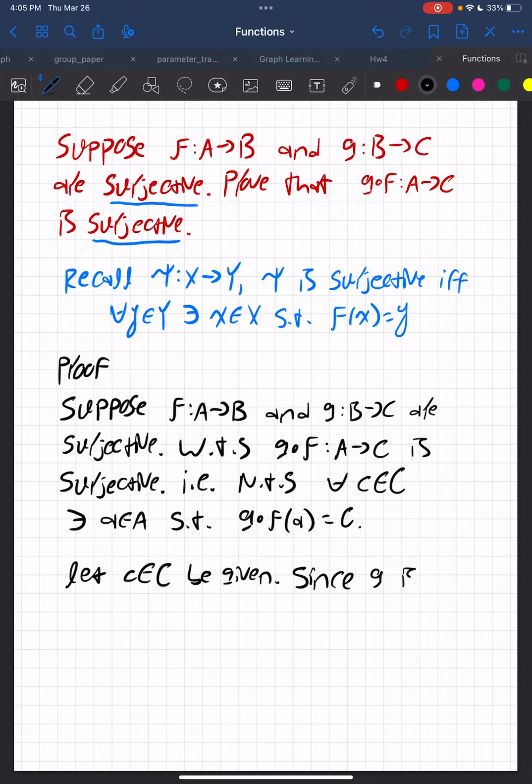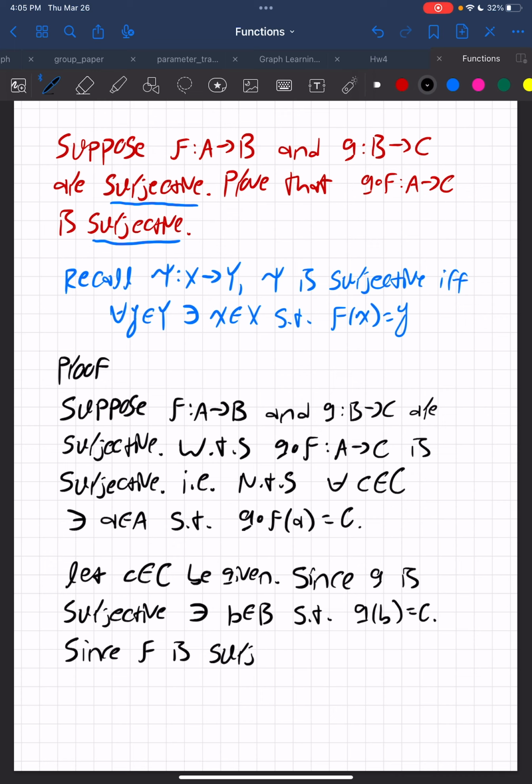So since g is surjective, there exists some b in B such that g of b equals c. Okay, well now we have an element of B, which is the codomain of f. Since f is surjective, there exists a in A such that f of a equals b.